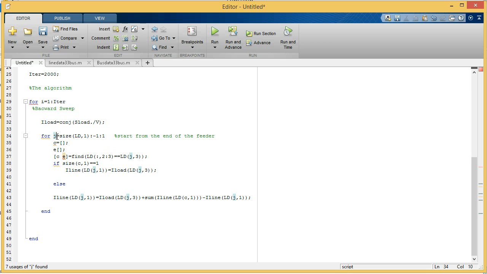And as you can see, for example, when the J is 31, it's going to find all of the values in the second and the third column of LD.